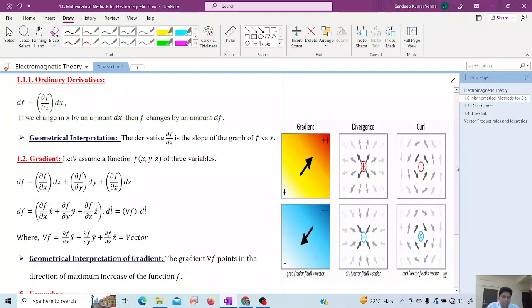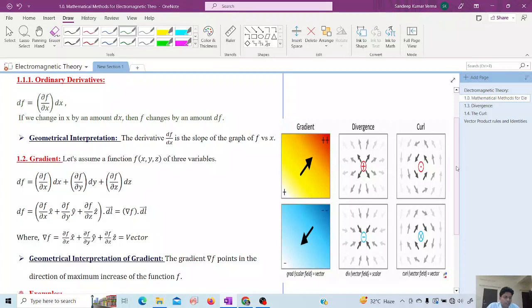Let's say any function f is a function of three variables, x, y, and z. The total derivative can be written in terms of partial derivatives: df = (∂f/∂x) dx + (∂f/∂y) dy + (∂f/∂z) dz.